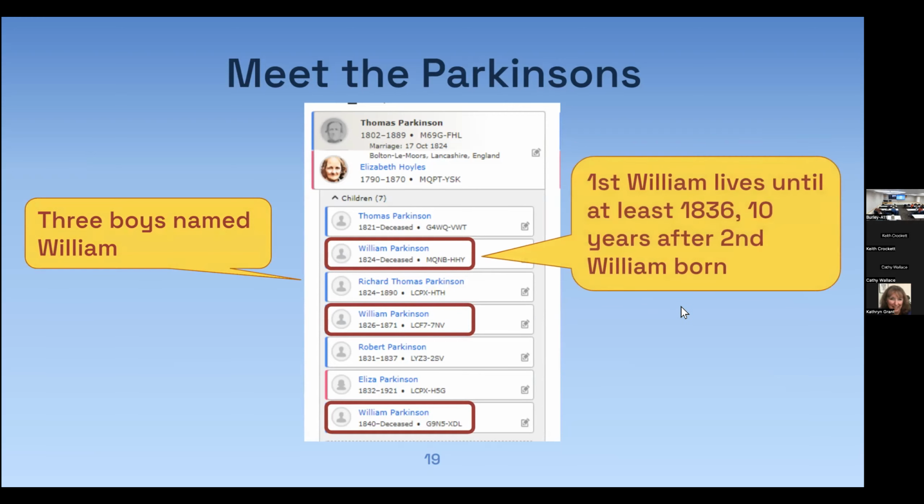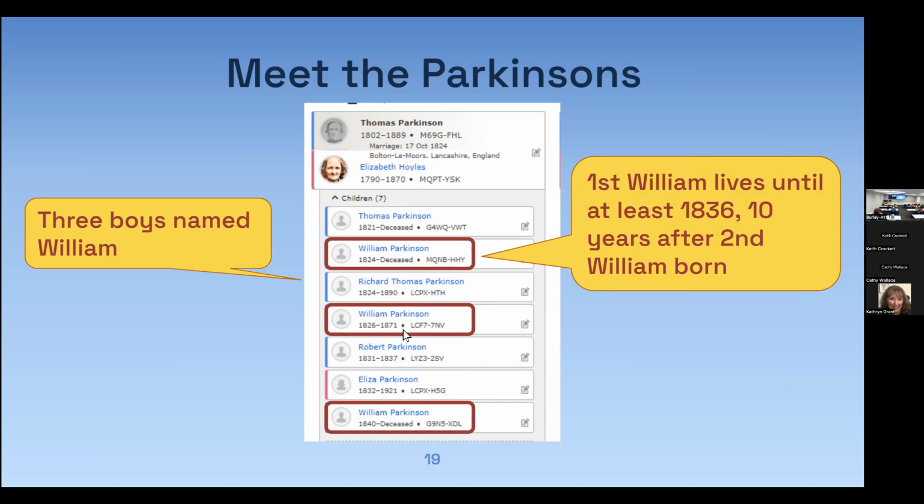But a little research on this William reveals a record in 1836. So he was living at least until 1836, which happens to be 10 years after this guy was born, which means the parents would not have given this same name.